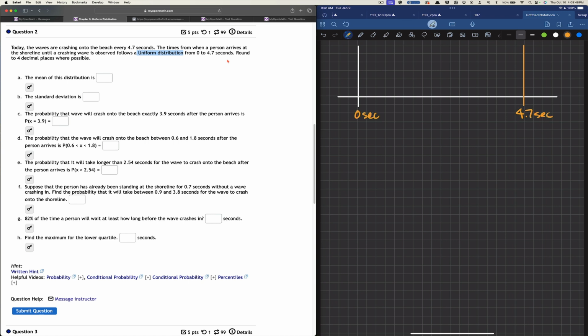Then I have this function that governs the height, f of x equals some constant. If it was 7, it would be y equals 7, a horizontal line. This area has a probability of 1, because the probability of selecting a wave that crashed between 0 and 4.7 seconds is 100%, or 1.